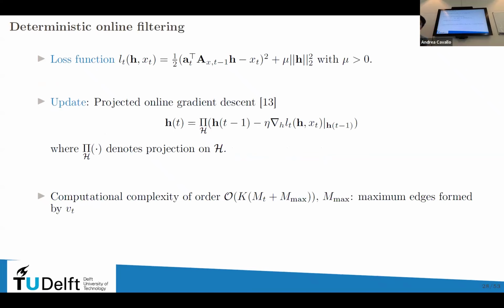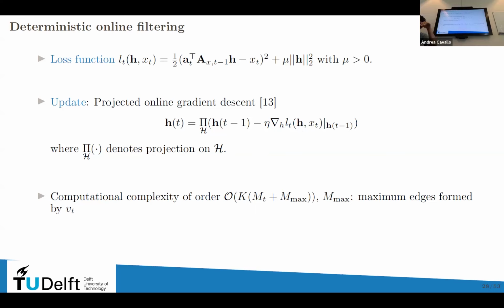Okay, so in the deterministic case, we just plug in a loss function, which is this regression type loss with regularized least squares. And the update is a projected online gradient descent in which you are here at HT minus 1, right? The most important thing here is the loss is just based on what you observed recently, right?